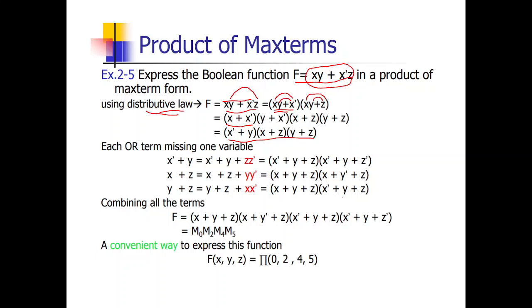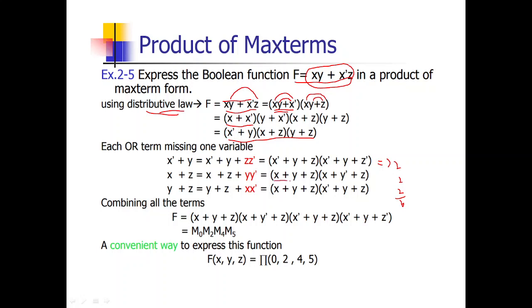Finally, combining all the max terms, if any max term is repeated, it can be considered once. Here this term consists of 2 terms, this consists of 2 terms, this consists of 2 terms. Totally we will be having 6 sum terms, that is 6 max terms. Out of 6 max terms we have considered only 4, because some are repeating.